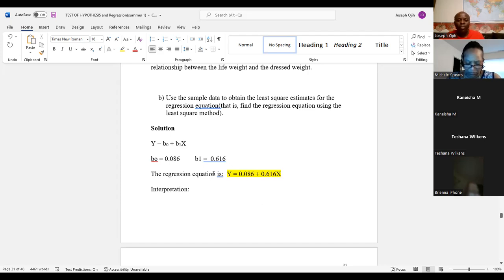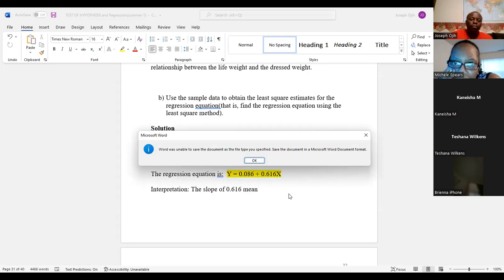So instead of giving you all the answers, this slope is positive. That means an increase. If it's negative it means decrease; positive means increase.